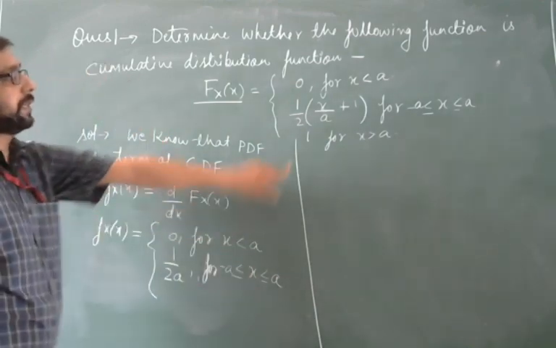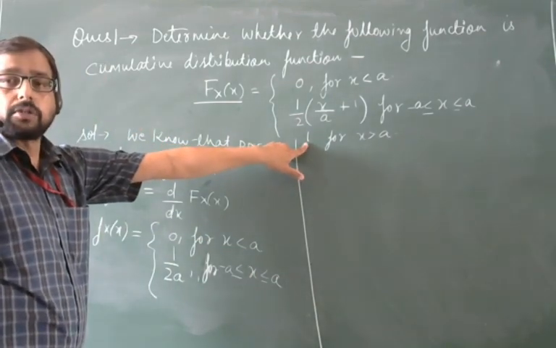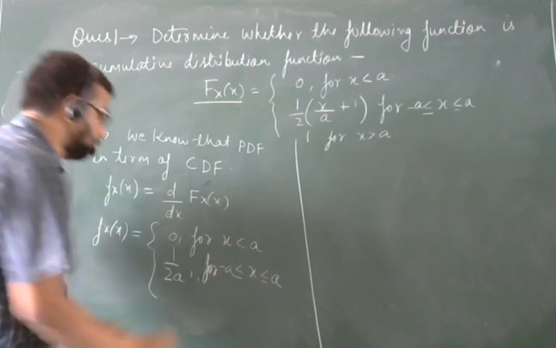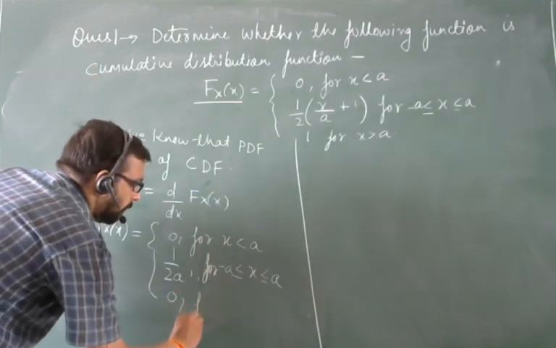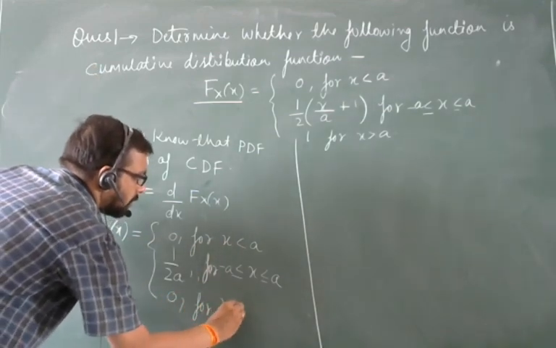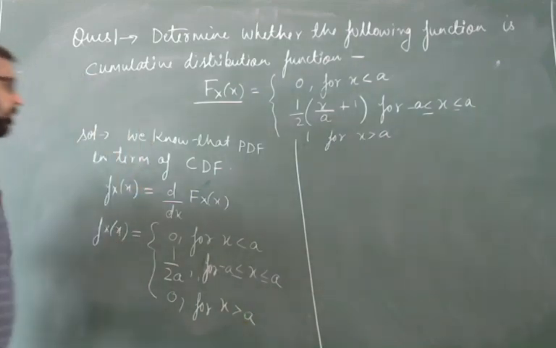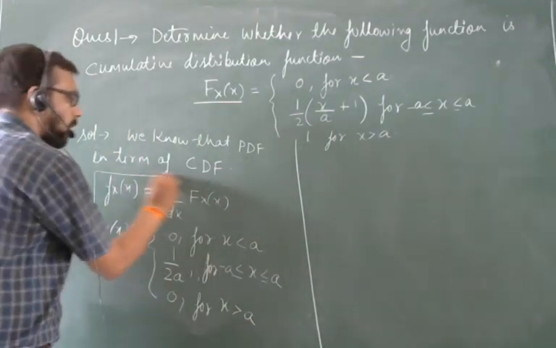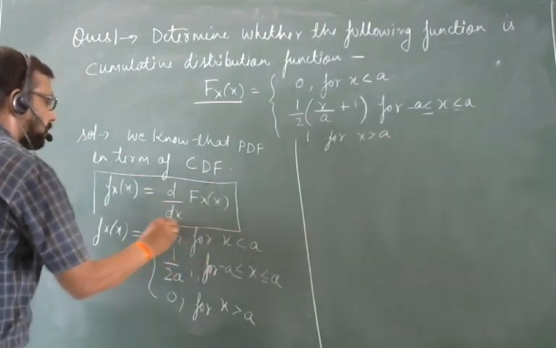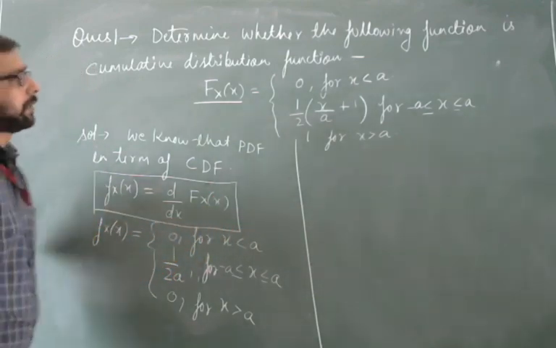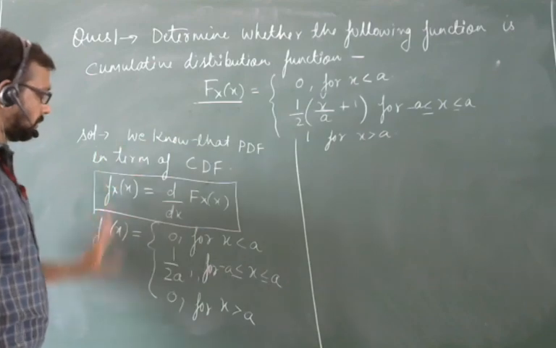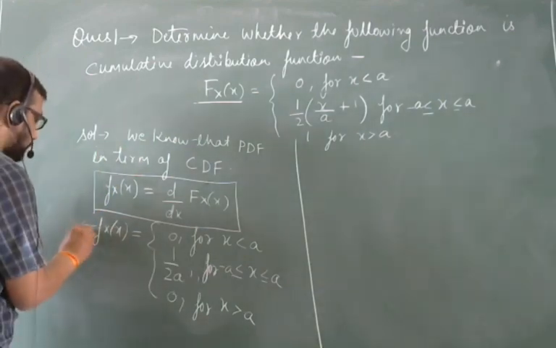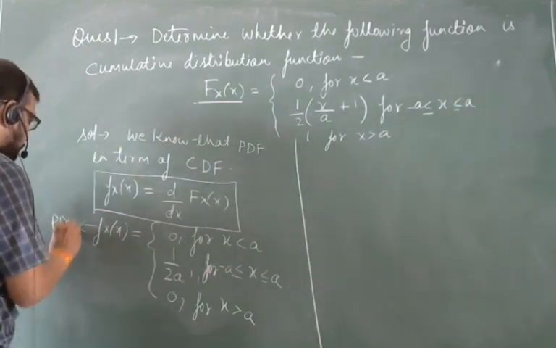And if you differentiate 1, this is a constant value, its derivative is 0, so 0 for x greater than a. Okay, simply by using the relation between the CDF and PDF, we converted this CDF quantity into the PDF. This is the PDF.